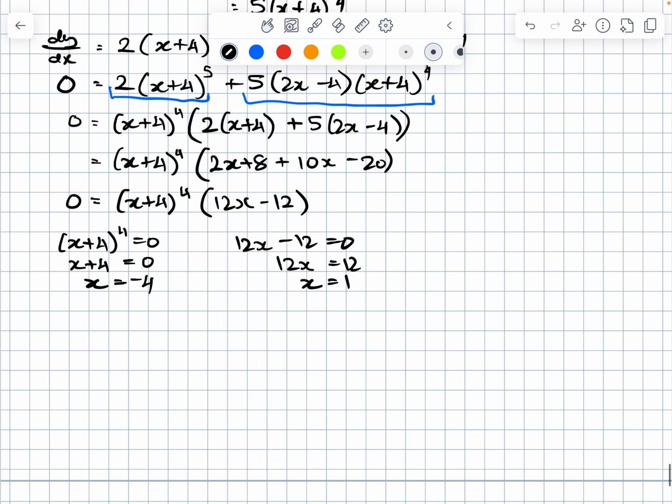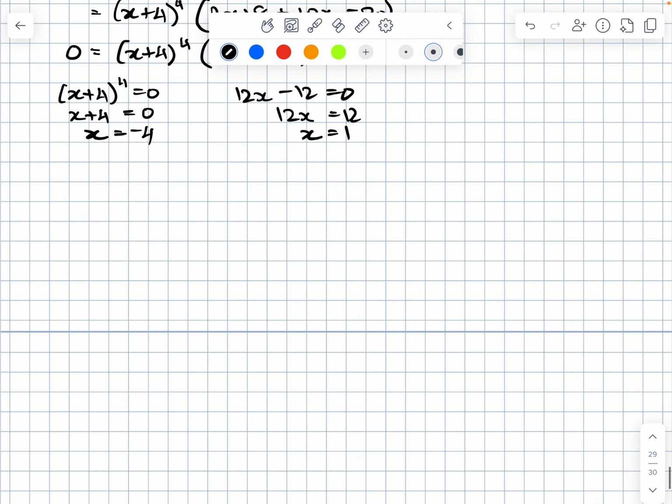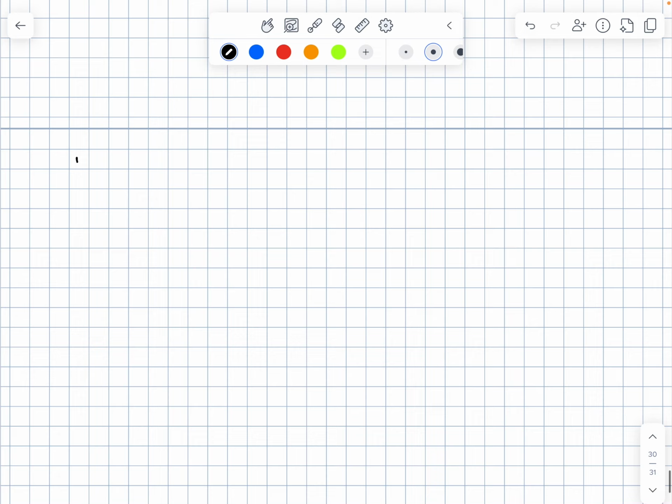But while it doesn't come up much, it is possible for there to be one other type of stationary point. To look into this in more detail, we're going to look at the two functions y equals x to the power 3 and y equals x to the power 4.